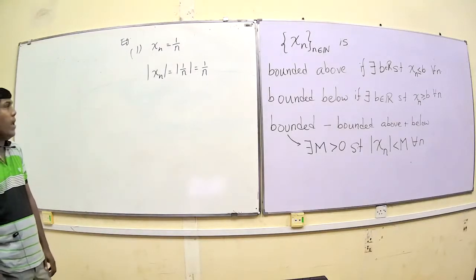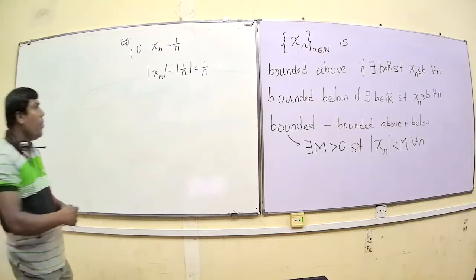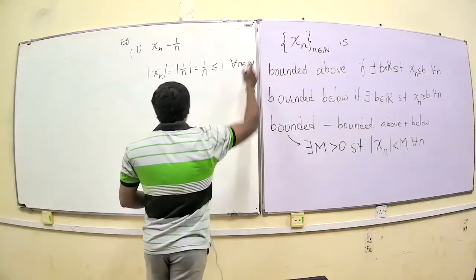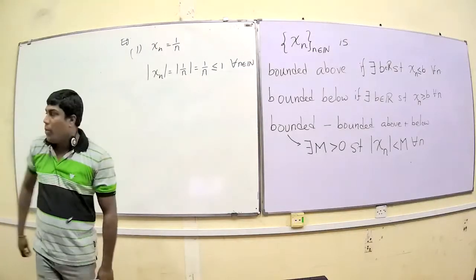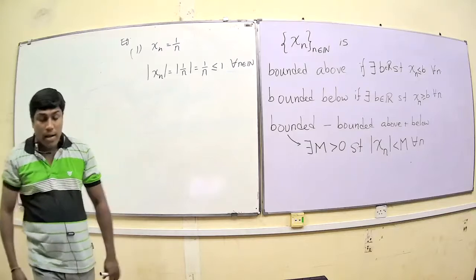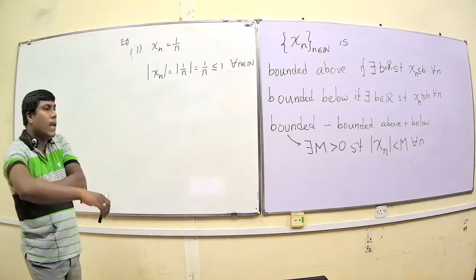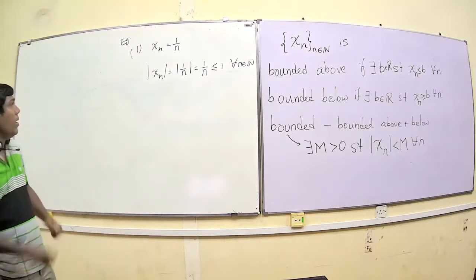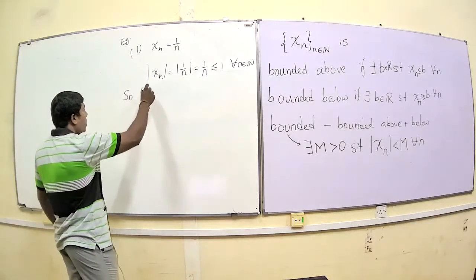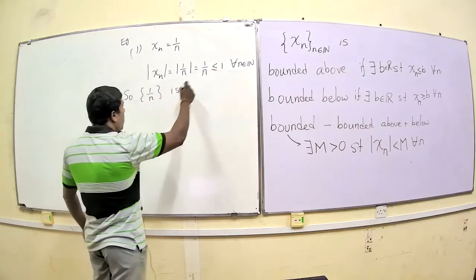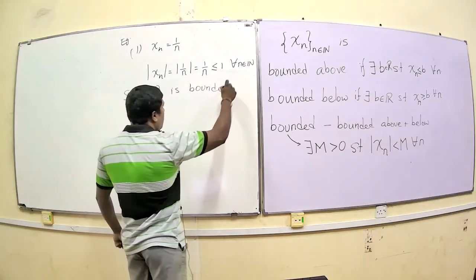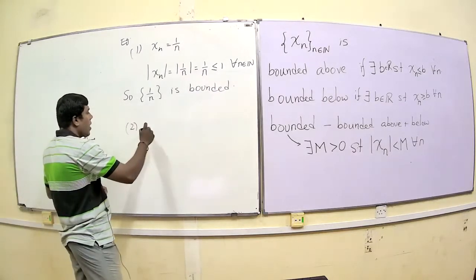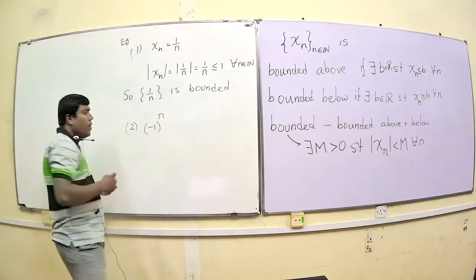And you all know that for all n belonging to natural numbers, 1 upon n is less than or equal to 1, because 1, 1 upon 2, 1 upon 3, 1 upon 4, and so on. So the sequence 1 upon n is bounded.